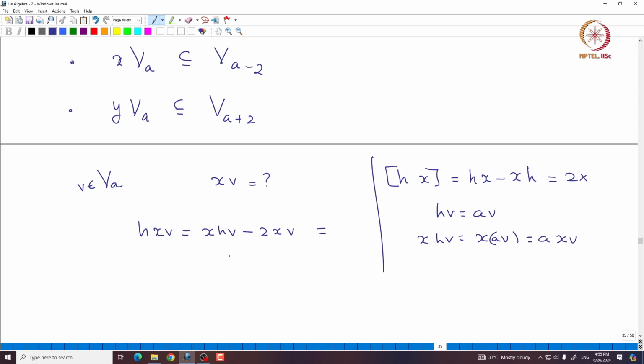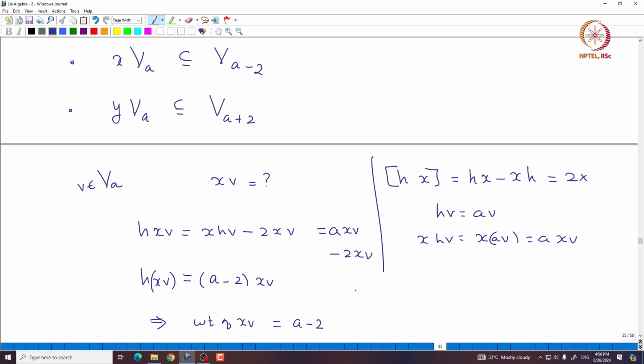That tells you that this is A x v plus 2 x v, so you can take x v out. So, this is going to be (A plus 2) times x v. So, H of x v is given by (A plus 2) x v. That means the weight of x v, if it is non-zero, is going to be equal to A plus 2.